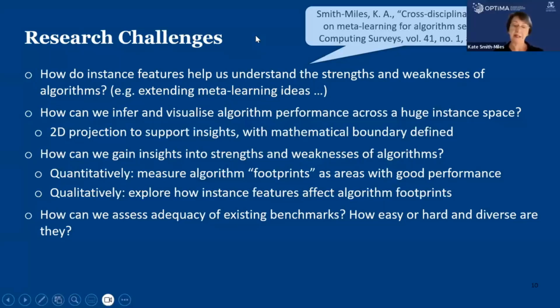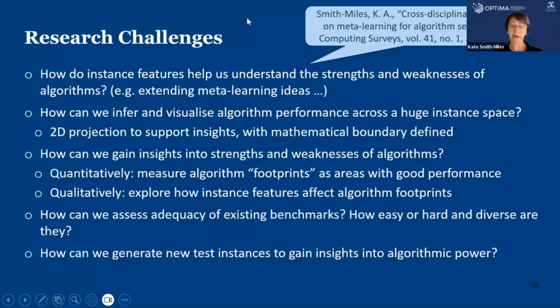We can also look at gaps in the space to see whether or not we need new instances in certain areas, and also to look at the diversity and how easy or hard the instances are. If the instance space is filled with easy instances, we're not really challenging algorithms. So we can see all of that, and then we can figure out how we can create new instances that fill gaps in that space.